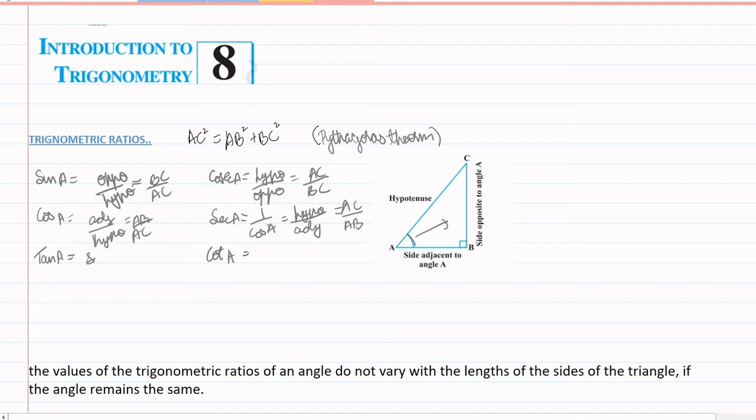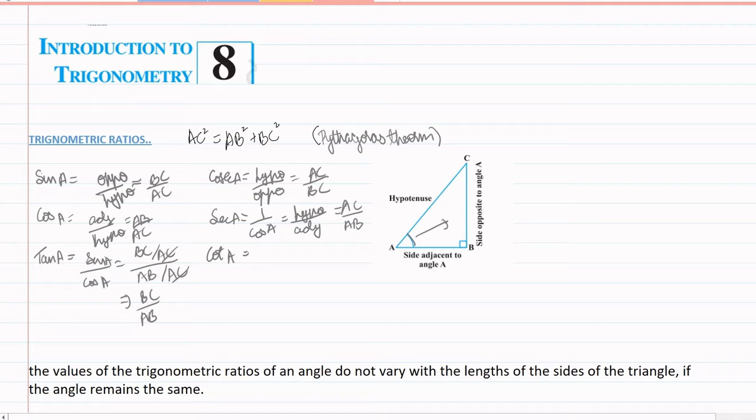Tan A is nothing but sin A divided by cos A. You can write it as BC divided by AC, divided by AB by AC. The AC gets cancelled because it's the same, and you get BC divided by AB.